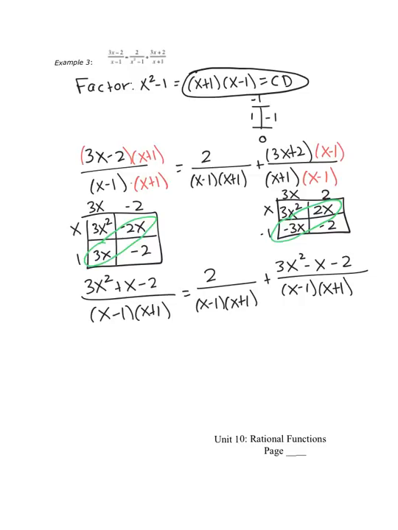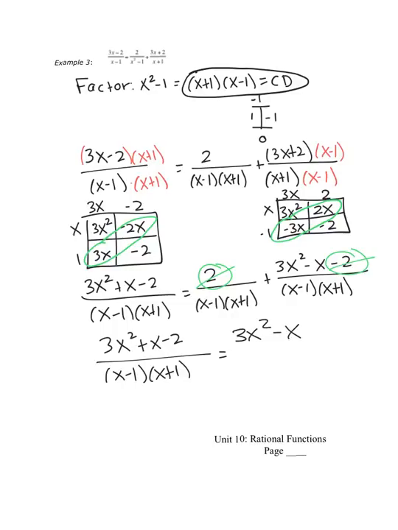Okay, so first fraction is alone. Second fraction and third fraction, we're going to combine those. So notice that you've got a positive 2 and you've got a negative 2. Those are going to cancel out, and you're just going to be left with 3x squared minus x.